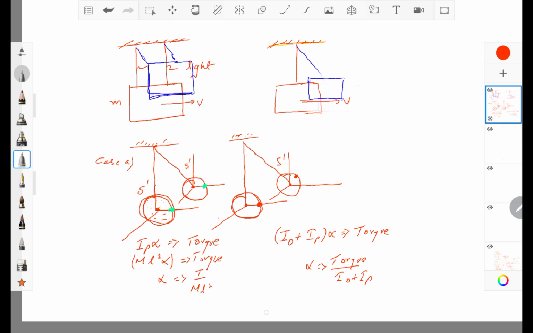It goes without saying that alpha in the first case is different from alpha in the second case, and alpha in the first case, or case A as we have marked, will be greater, correct? It will be higher in measure. Alpha in this case will be higher than the alpha for the case other than A, right? This is much lower.